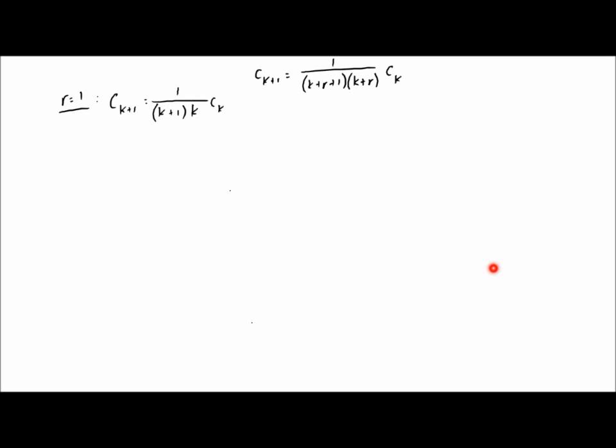Once again, I'm going to start by assuming that c0 is 1. That's fine. And so to find c1, I'm going to plug in k equals 0. I'm sorry, I plugged in the wrong number.